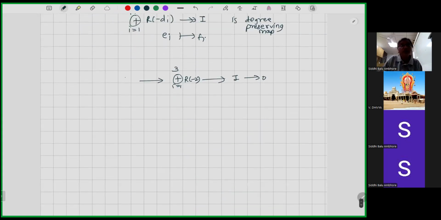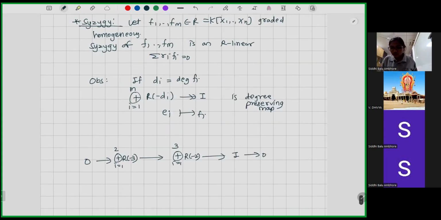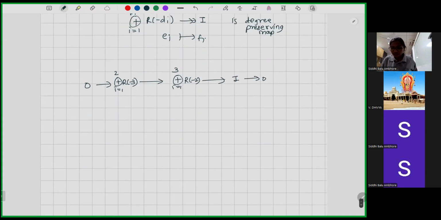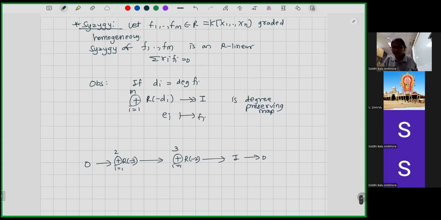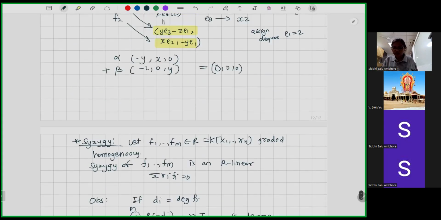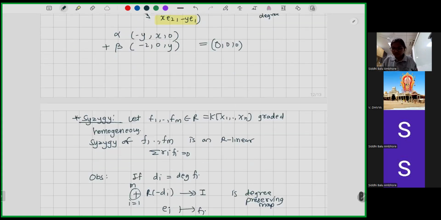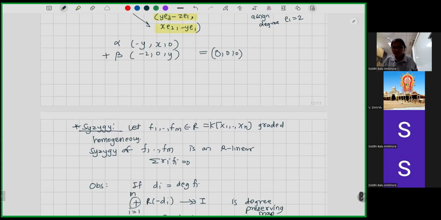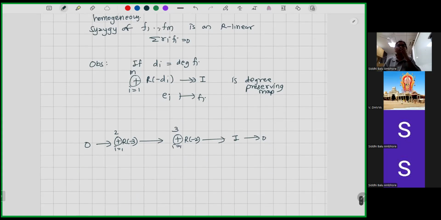So this has to be R2, which is summation R(minus 3), i from 1 to 2. This is 0. I hope you understand here. This i, and I am multiplying it by Fi. So my syzygies here, this Yi's are, I mean, you will get.